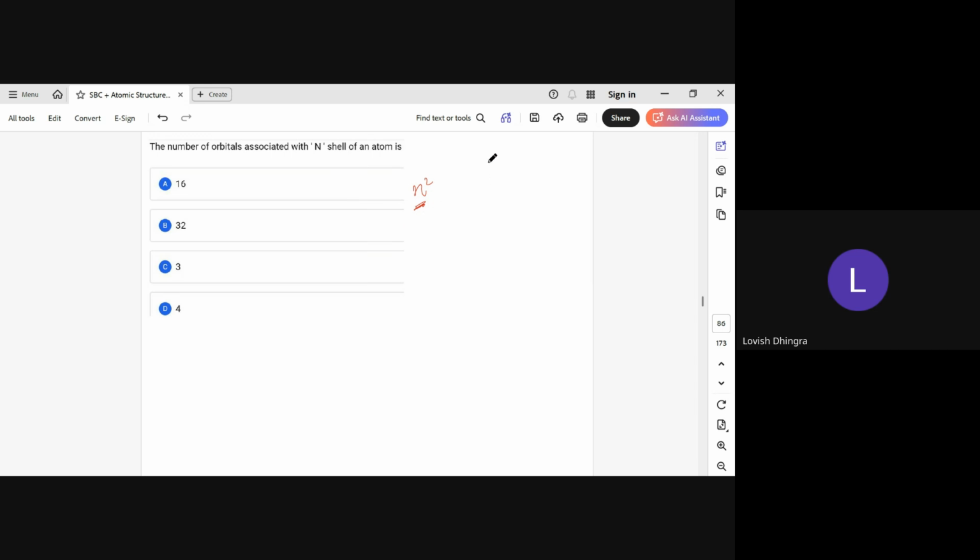So we know K, L, M, and N. K will correspond to n equals 1. This one is 2. This one is 3. And this one is 4. Clear? So for n equals 4, the number of orbitals will be 4 square, that is 16. So answer will be A. Clear?